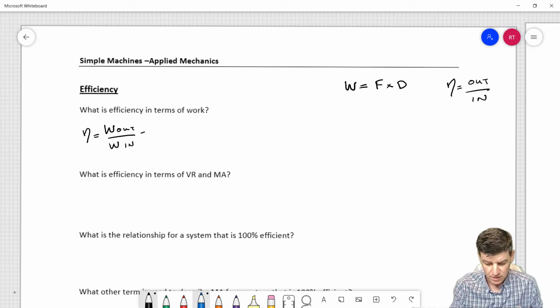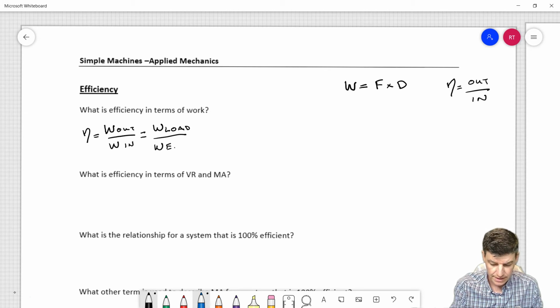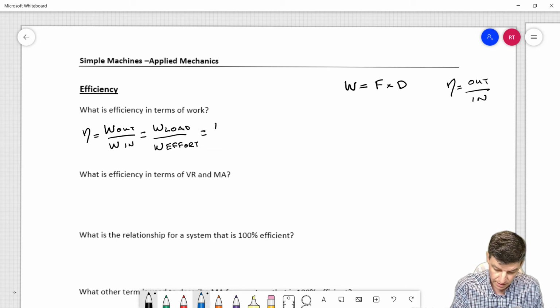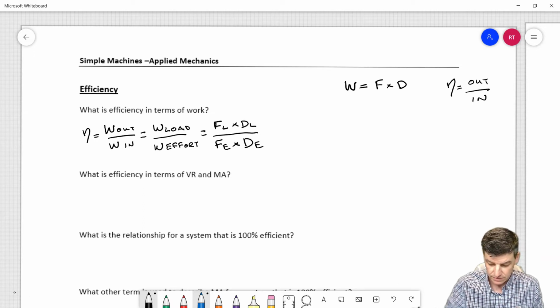And if we talk about a simple machine, the work out is the work that goes to moving the load, and the work in is the work we put into the effort. Since work is a force times a distance, it's going to be equal to a force on the load times the distance that the load moves compared to the force that is applied through the effort times the distance that the effort moves.